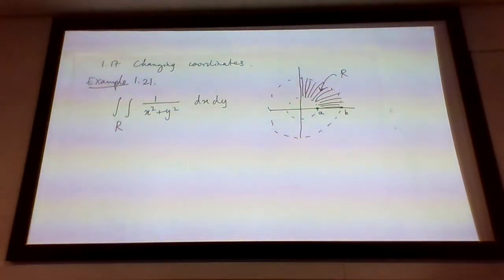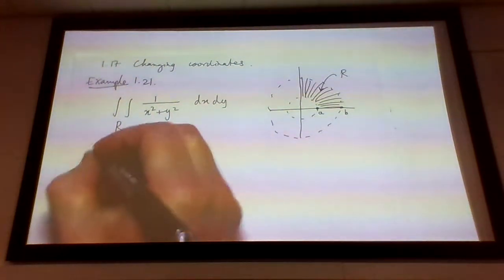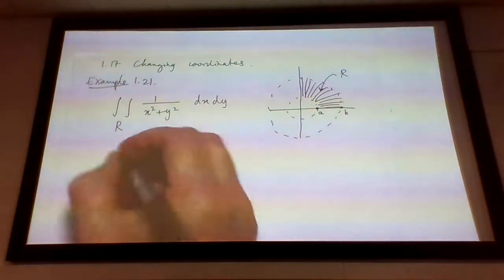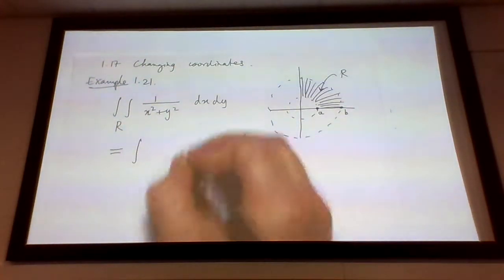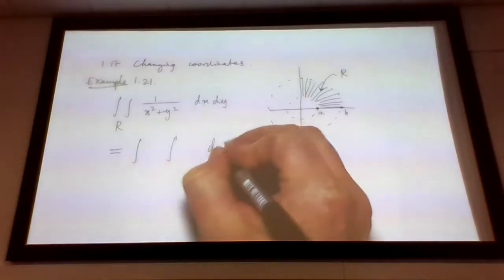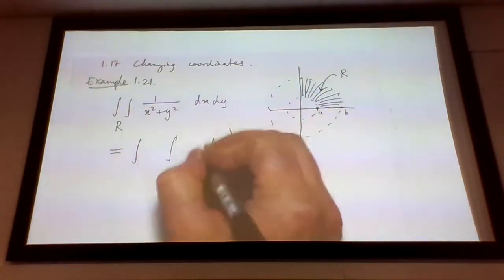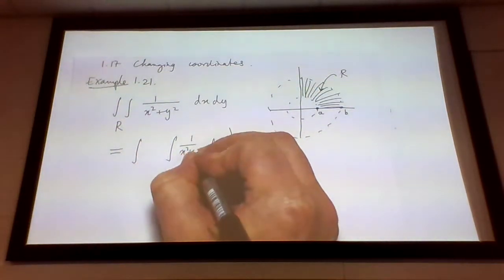The area bounded by those 2 circles in the top right quadrant of the plane, in the part of the plane where x and y are both positive. Okay, well, how are we going to do this? We'd have to split it up into a y integral on the outside and then an x integral on the inside, 1 over x squared plus y squared, etc.